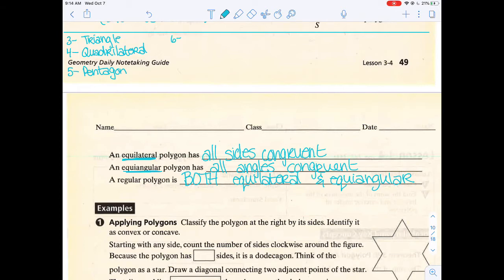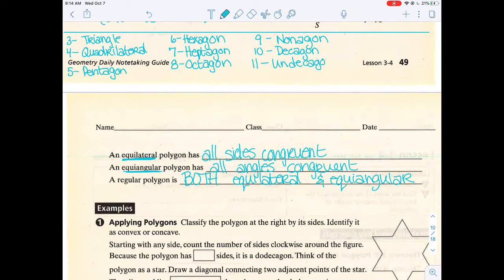If it has 6 sides, we call it a hexagon. 7 sides is a heptagon. 8 is an octagon. 9 is a nonagon. 10 is a decagon. 11 is an undecagon. 12 is a dodecagon.